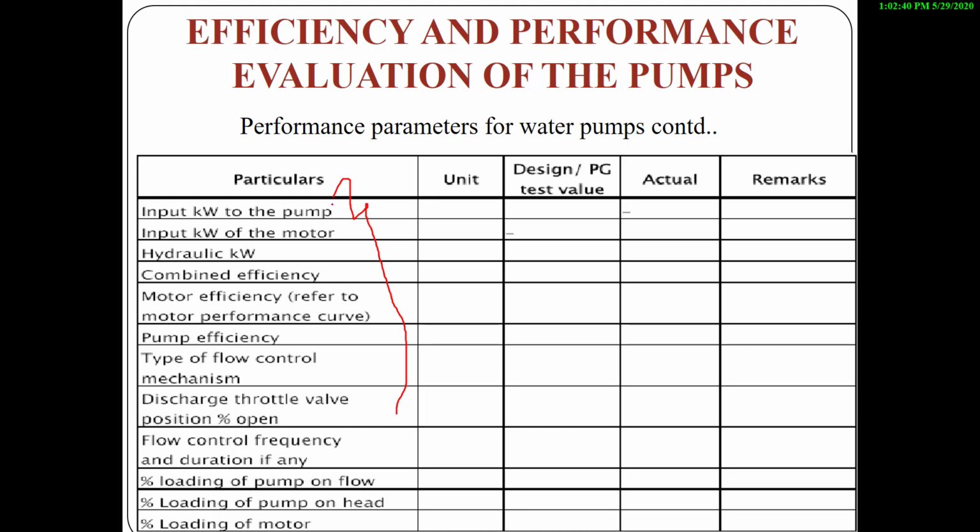The next is motor specifications. Every motor has specific nameplate specifications. Based on our pumping application or water level pumping system, we have to choose the motor ratings: the input kilowatt to the pump, which is the output of the motor, input kilowatt of the motor, hydraulic kilowatt, combined efficiency, and other things such as power, current, voltage, throttle valve position, percentage open, flow control frequency and duration if any, and percentage of pump and flow.